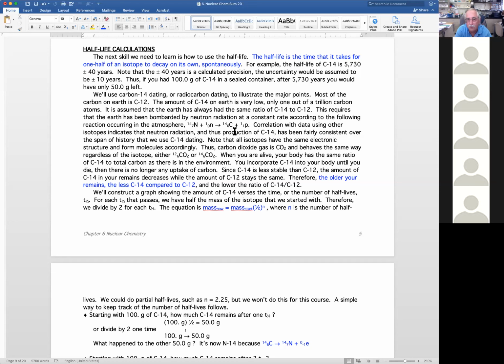We have no way of knowing that. However, when we look at the time points that we have available to us now, it does appear that neutron radiation has been constant over the period of time that carbon-14 dating is useful to us.